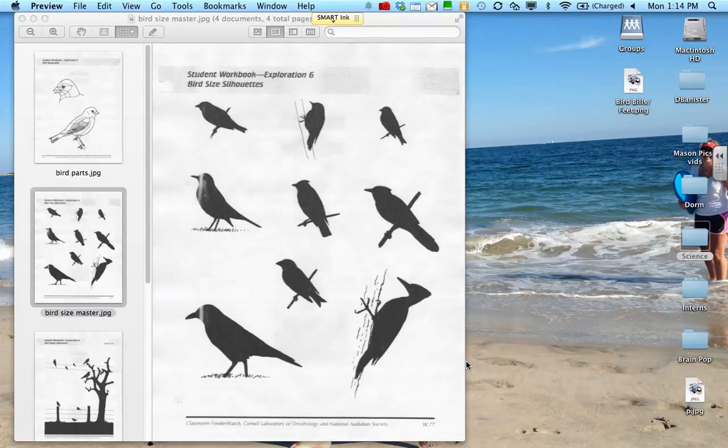Here we have bird silhouettes, and these are really split into three size categories, with this top category here being the smallest birds. We will refer to those birds as sparrow-sized birds. We move down, we have a group of 4 here in the middle, and these would be robin-sized birds.